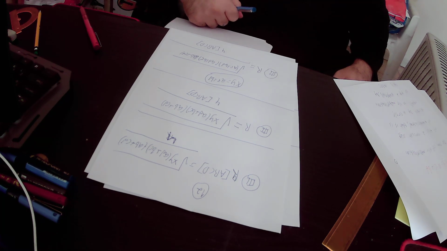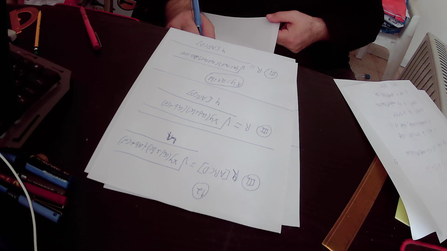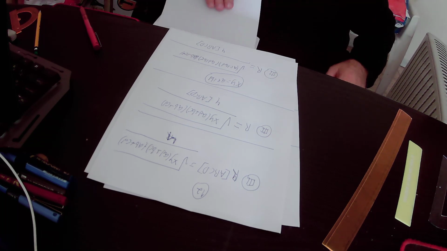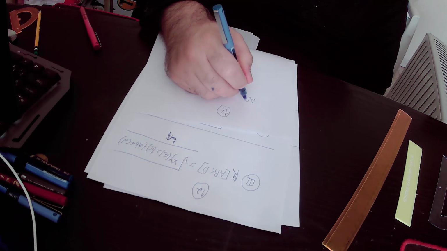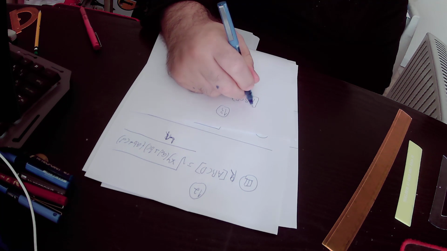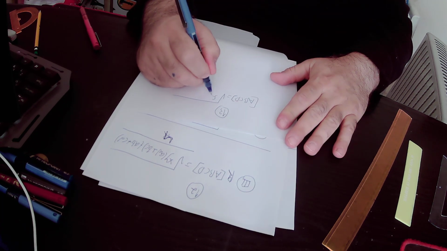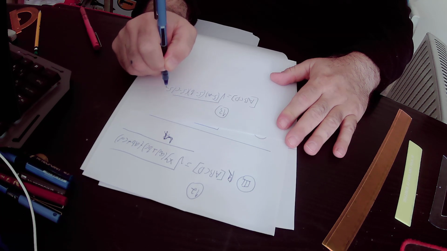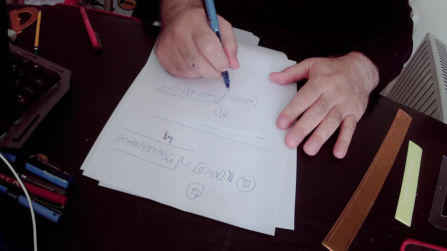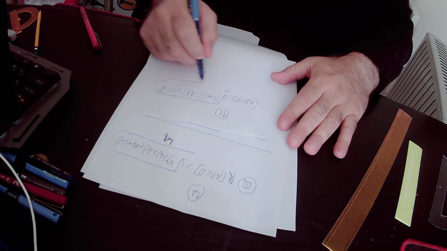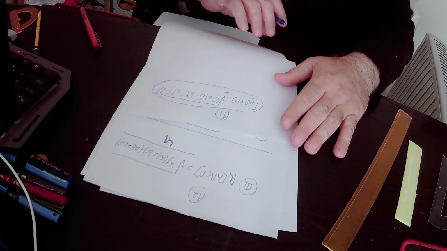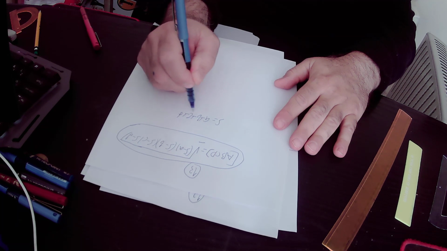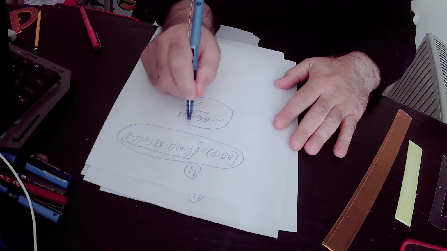According to rule number 1, the area of quadrilateral ABCD equals the root of S minus A times S minus B times S minus C times S minus D. That is the area of quadrilateral ABCD, and we know that S equals A plus B plus C plus D over 2.